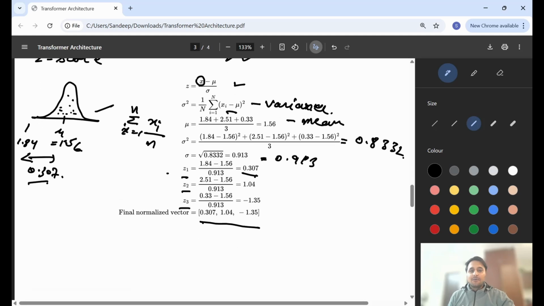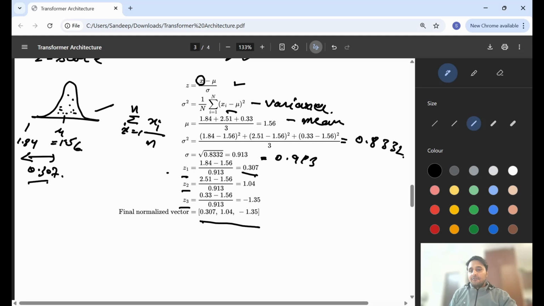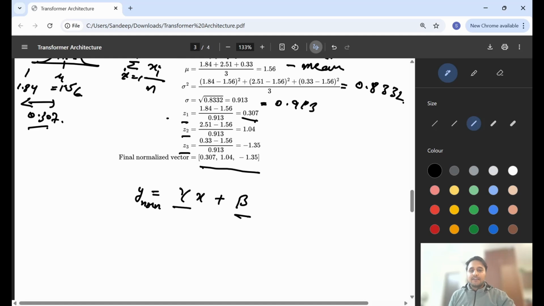Now in layer normalization that we have in our transformer architecture, we are doing one more thing. And what is that? Our final normalized value y is gamma x plus beta. So we use gamma and beta additionally after the normalization for each vector.